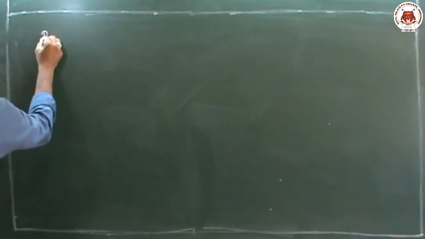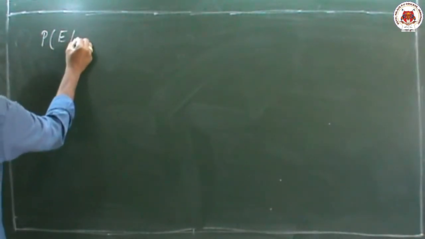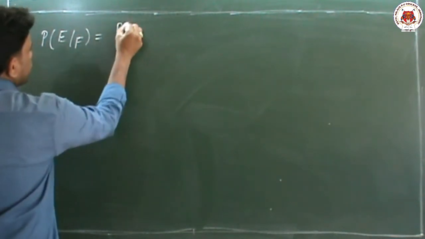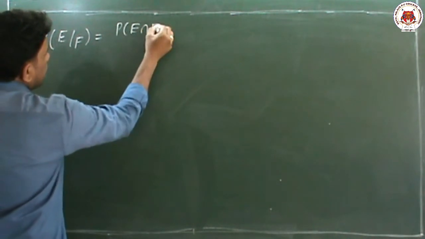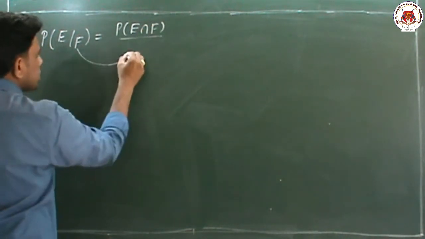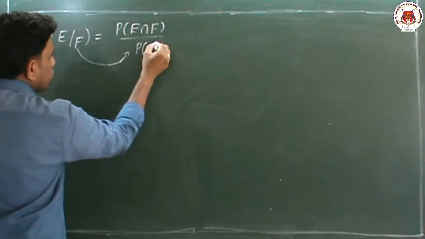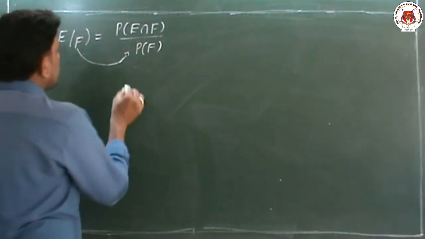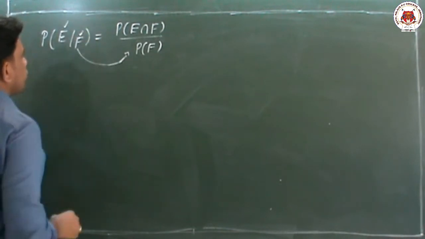Okay, now I am going to explain what is the conditional probability. Conditional probability means, first of all, I am going to write the formula. P of E by F: just now we used P of E intersection F by the denominator, same denominator we have to write. It is nothing but P of F. My dear children, here what is E, what is F?